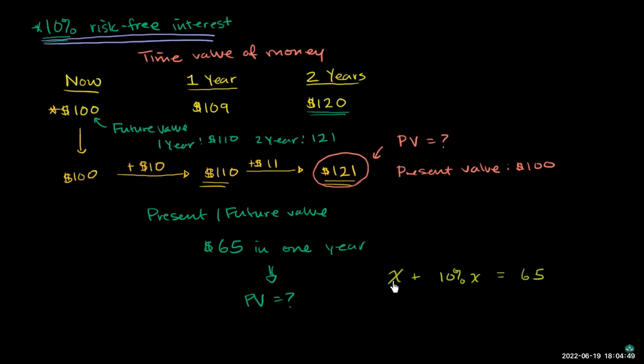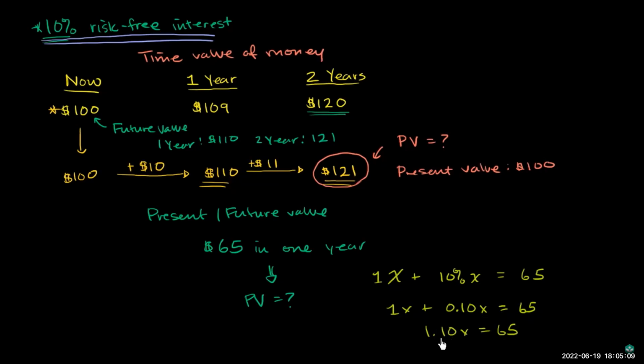If I take the amount, I get 10% of that amount over the year. That should be equal to $65. This is the same thing as 1x plus 0.10x is equal to 65. Or you add these two, 1.10x is equal to 65.